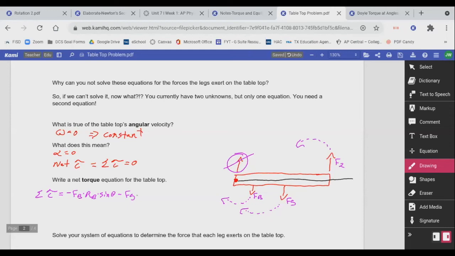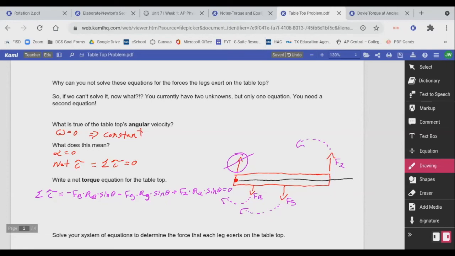Times the radius or the distance that it's coming from, times the sine of its theta, plus F2, the force of 2, times the radius coming from 2, times the sine of its theta, all has to equal 0. That's a mouthful.